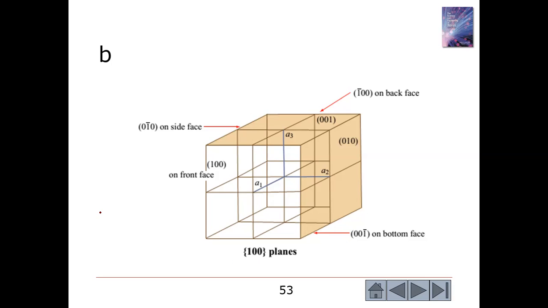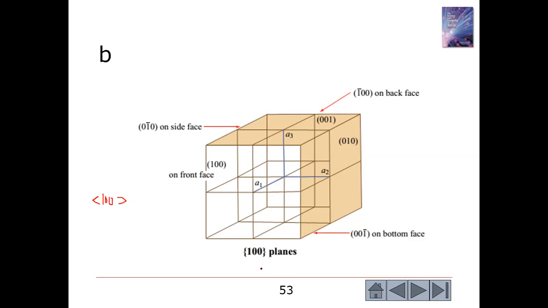Remember that when we talk about a direction of a form, which means a family of similar directions, we enclose it in carets, right? Like for example, if we are talking about 1, 0, 0 directions, we enclose it in carets. It means that we're talking about more than one direction. We're talking about 1, 0, 0 similar directions, right?